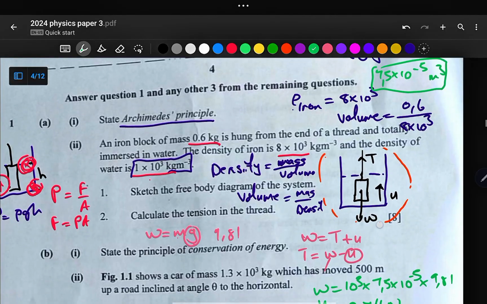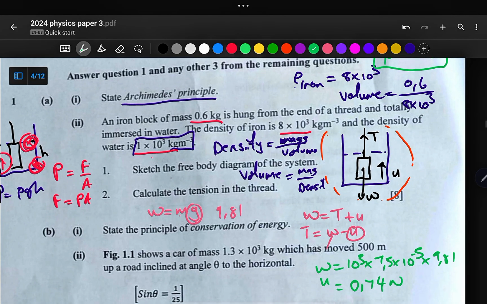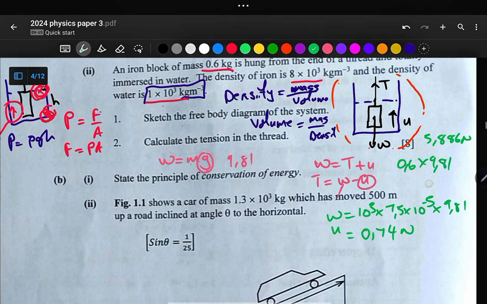And in this case, we're required to calculate the tension. So the weight of the iron block is 0.6, the mass, times 9.81, the gravitational field strength. So it is now 0.6 times 9.81. This gives us 5.886 newtons. Okay, so this is our weight of the block.